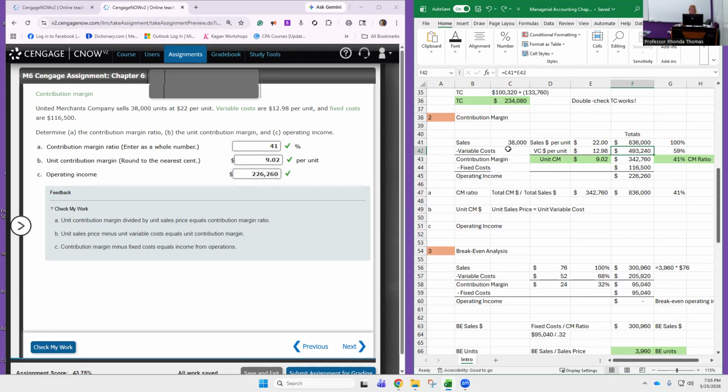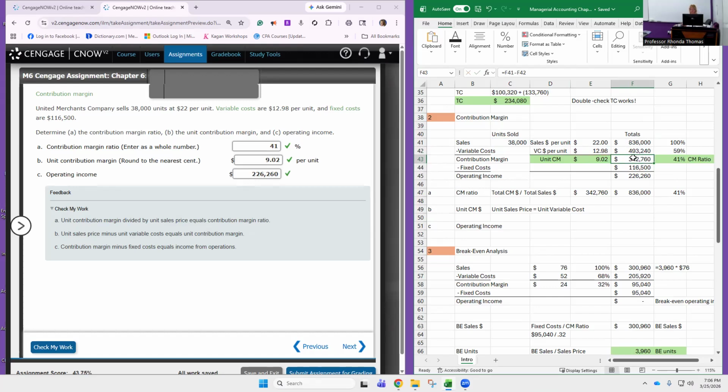Yeah, you got to make sure that when you calculate units sold, so I'm going to put units sold right there. Okay, and you can just put it in one spot because you got to do that also for variable. And then when you do the math, right? So this is 38,000 times 12.98.